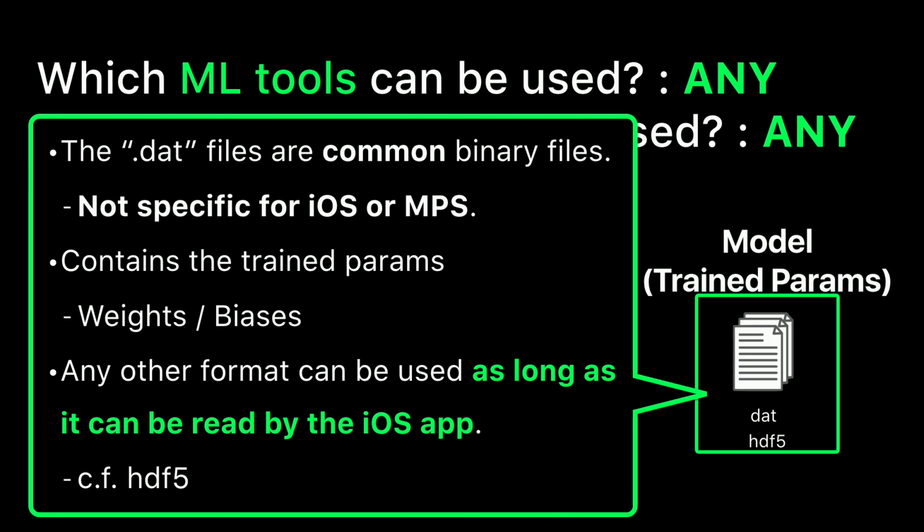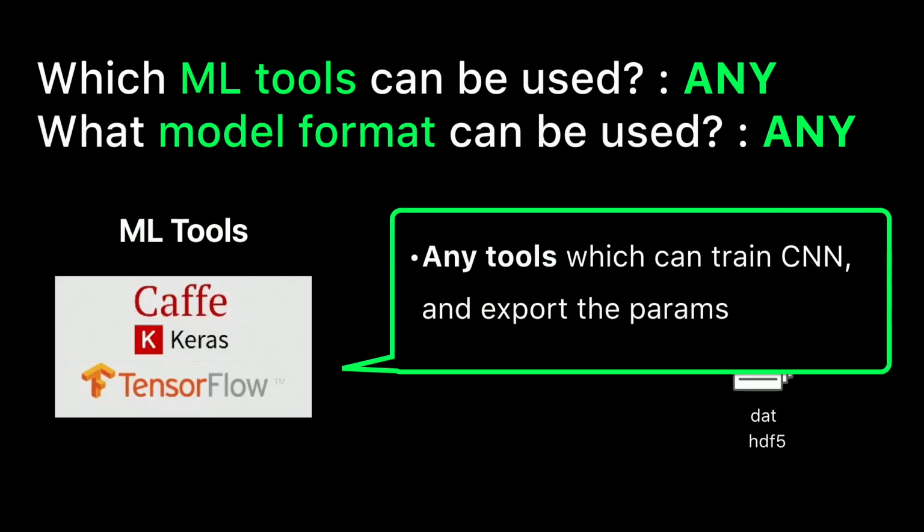For this reason, I said we can use any kind of third-party machine learning tools as long as it can train CNN and export the trained parameters. So we can use Caffe, Keras, TensorFlow, and so on.